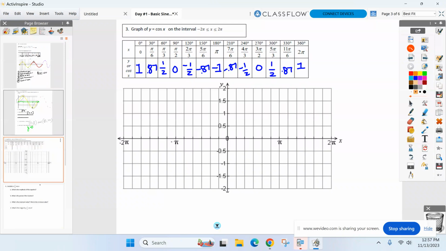Make sure our charts match before you graph the points. Make sure it starts at 1, and go from there.